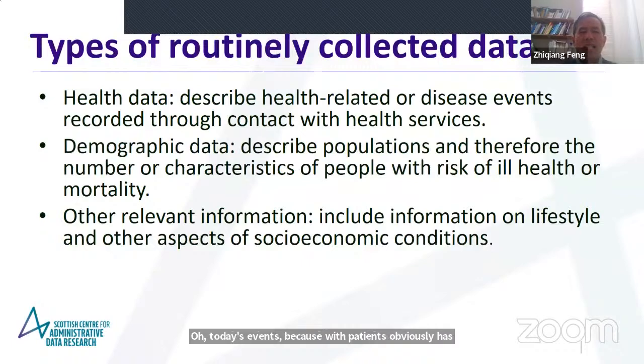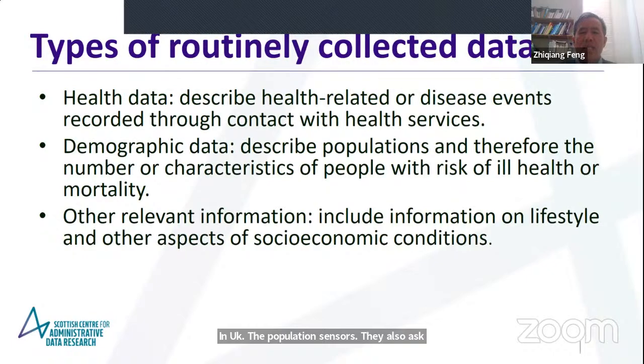And secondly, demographic data, which will most likely come from the population census, and it describes populations and maybe also household members. In the UK, the population census also asks general health questions like long-term illness and general health.